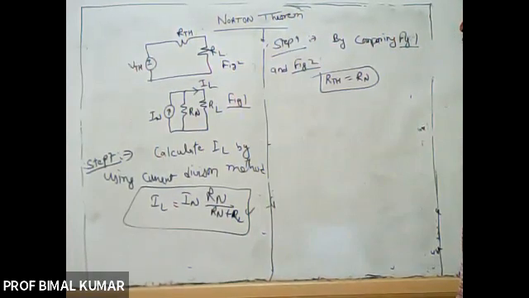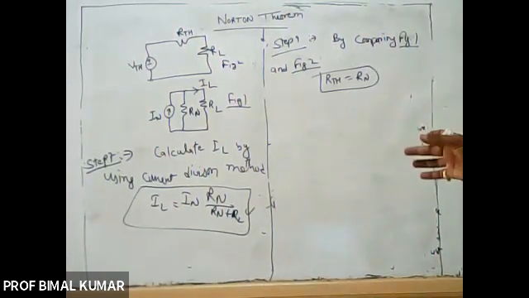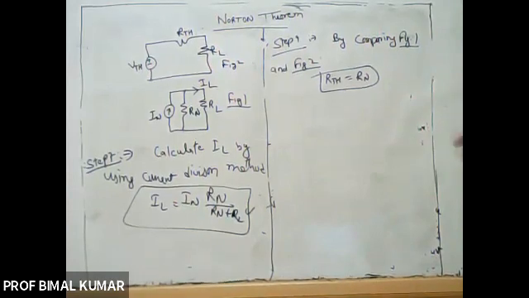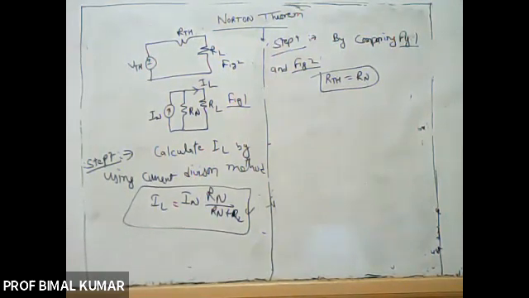If I am calculating the current for the same network, then I apply the same steps: remove the load resistance, short circuit all the voltage sources, open circuit all the current sources, right, and calculate the equivalent resistance across the load terminals.